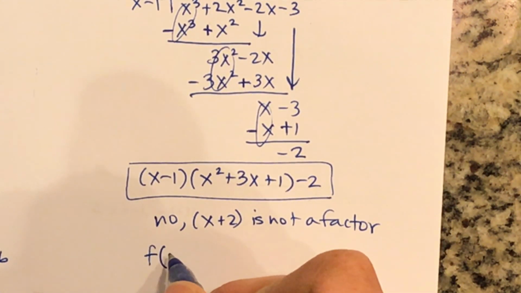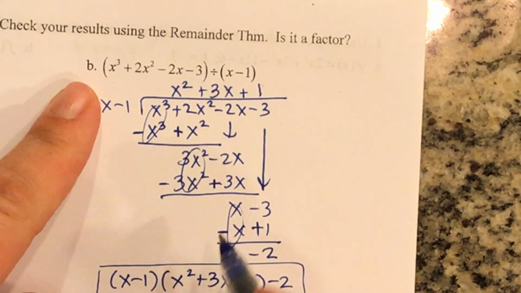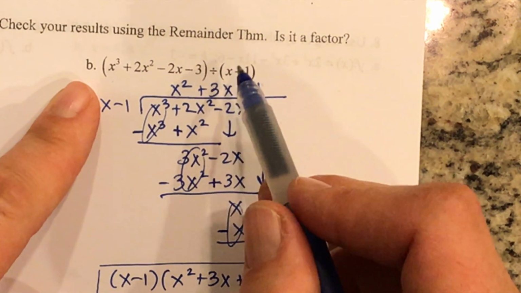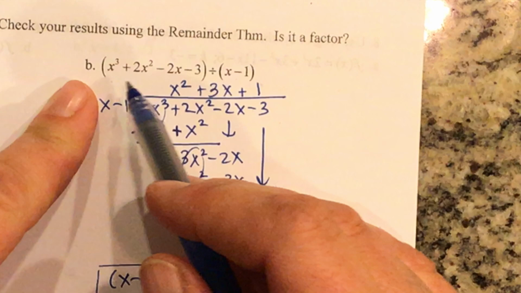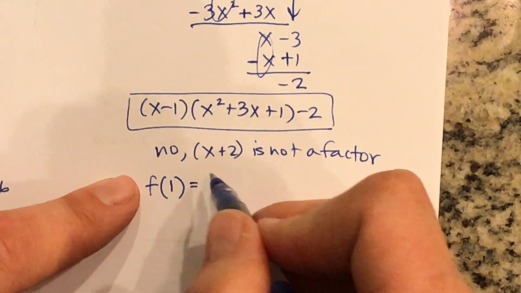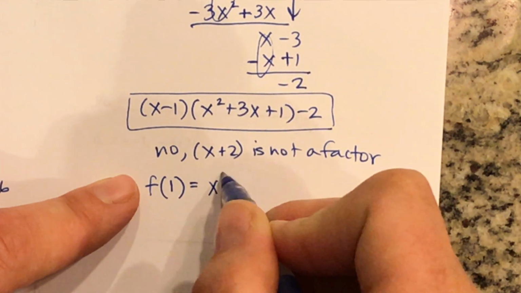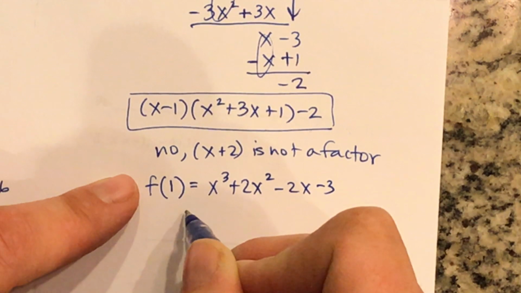I am going to do f of 1 and put that into the original that's up here. I'm using f of 1 because this says x minus 1, so my possible 0 would be a positive 1. And then I'm going to use that right there, but it's off of my screen, so you'll have to look at your paper in front of you. So x cubed plus 2x squared minus 2x minus 3.